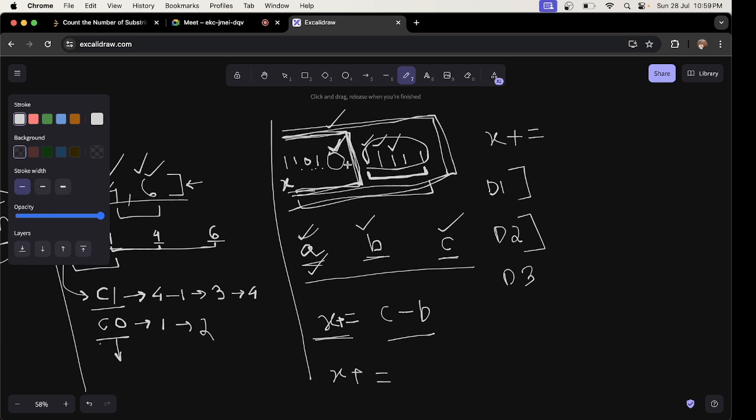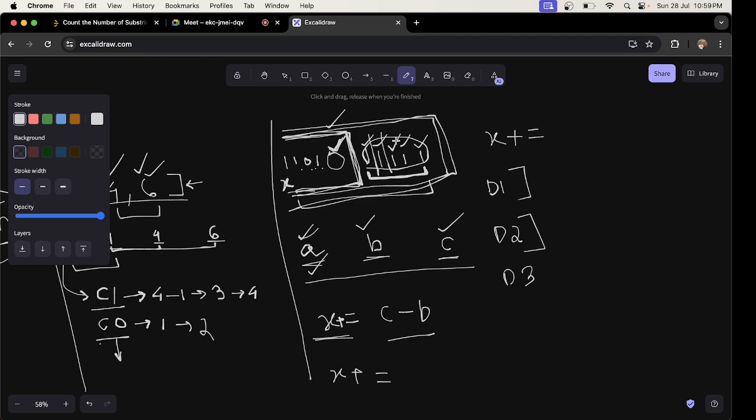So let's say there is a substring ending at this 0. I can extend that dominant substring by adding ones at the end. So how many options do I have? I can add a single one and still make it dominant. I can add two ones and still make it dominant.